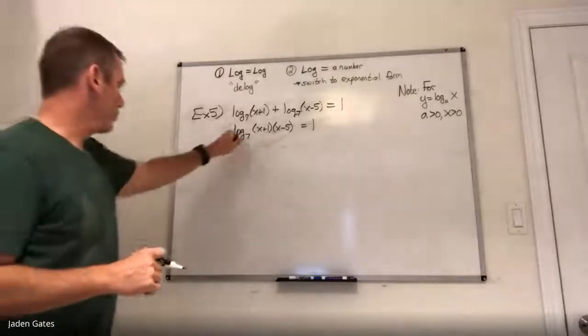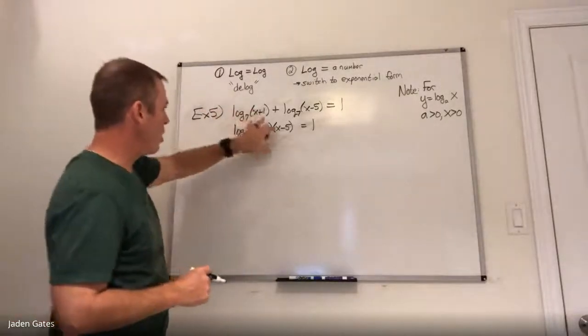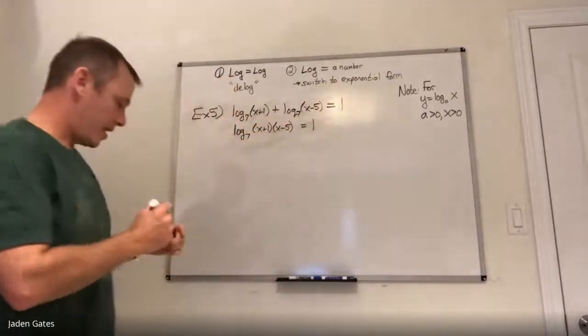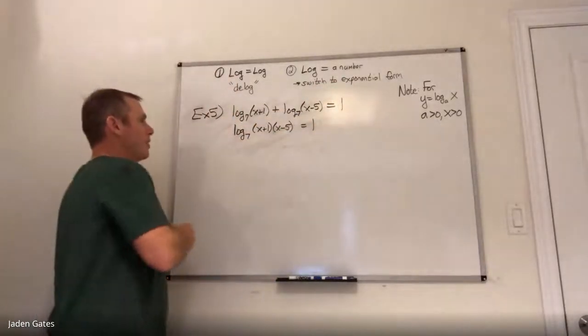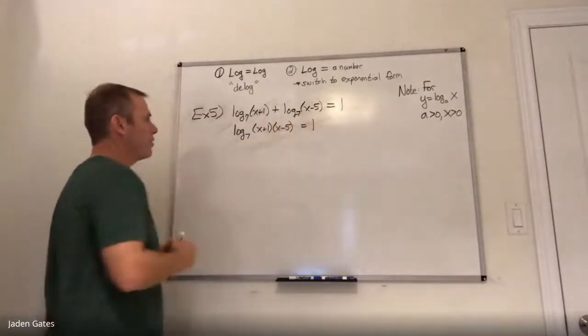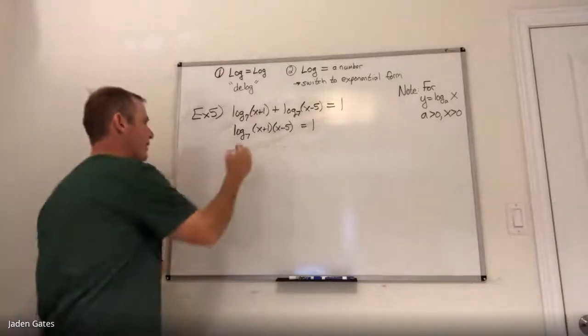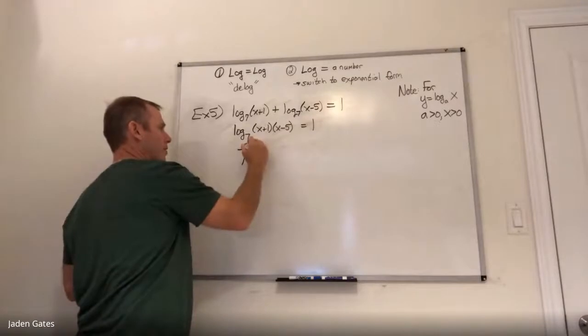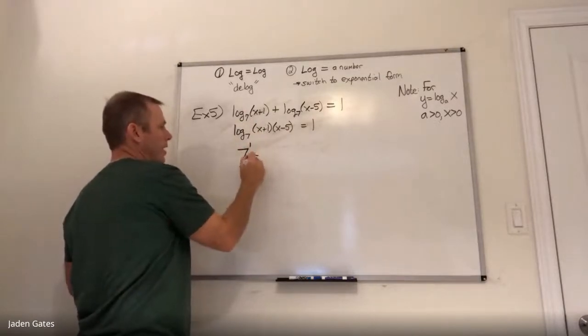Now it looks messy, but I do have a log equaling a number. So I can switch to exponential form. And you have to be very comfortable with that, where here's my base, here's my exponent, here's my answer. So I got 7, there's my base, there's my exponent, and there's my answer.